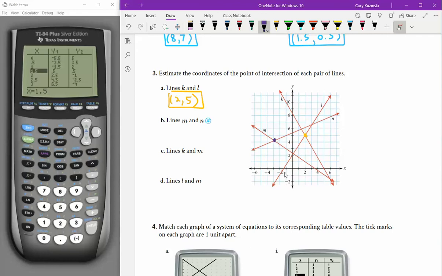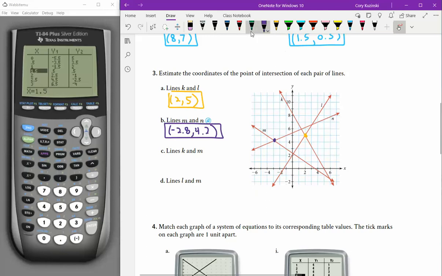Ooh, so I'm going to guess about negative 2.8, 4.2. I know it's not negative 3 exactly, and I know it's a little bit more than 4, so negative 2.8, 4.2, something around there. Maybe if you said negative 2.9, 4.1, I'd understand why you said that as well.